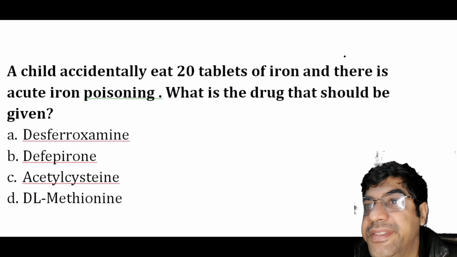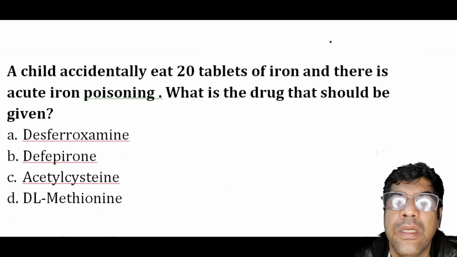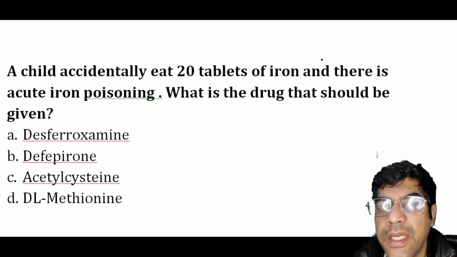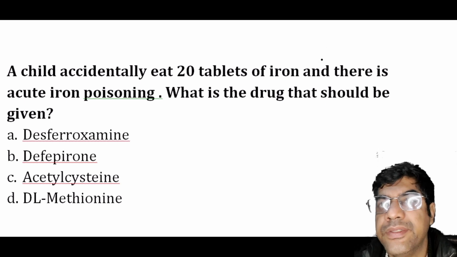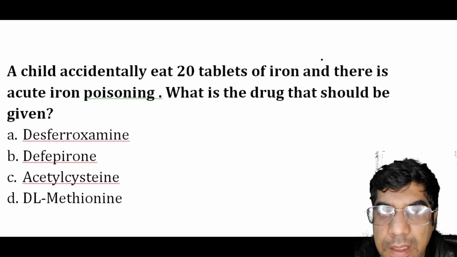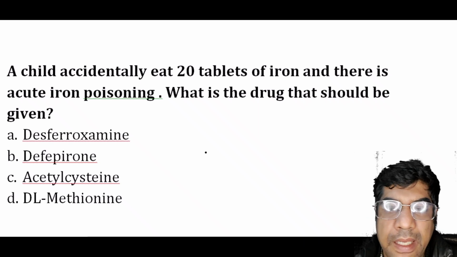The child accidentally ate 20 tablets of iron and there is acute iron poisoning. What is the drug that should be given? The answer here is A, that is desferoxamine. So in case of acute iron poisoning that occurs when a child accidentally ingests a large number of iron tablets, appropriate treatment is very important.